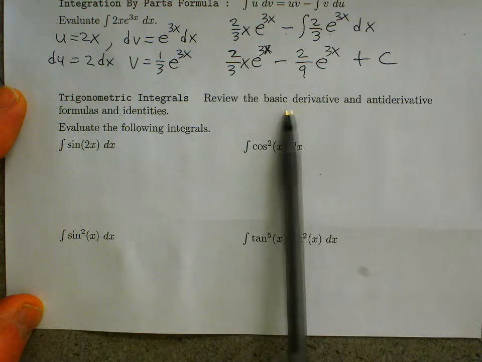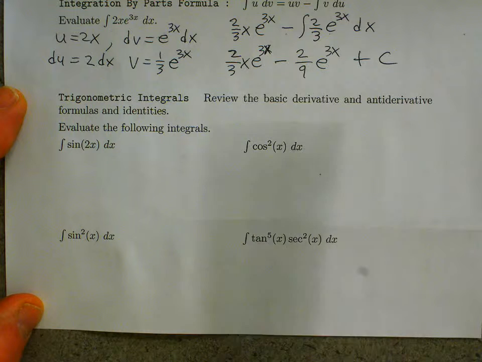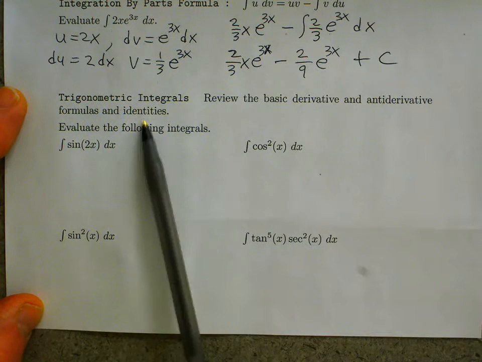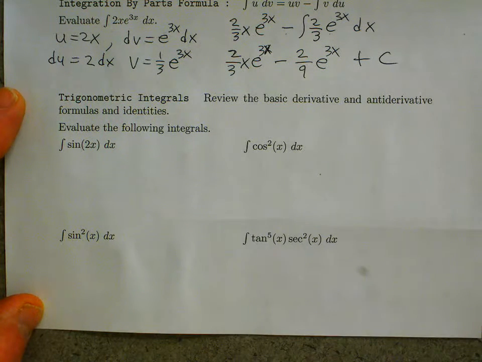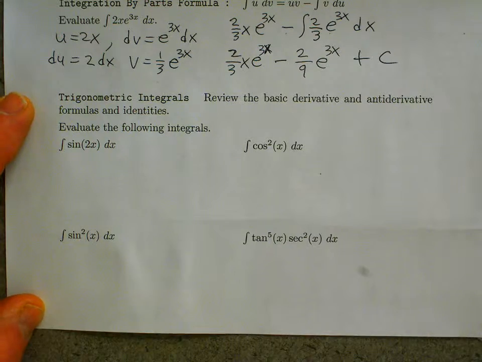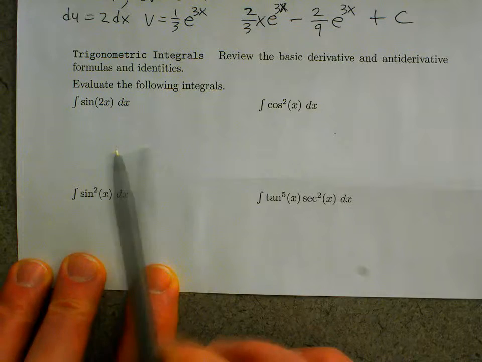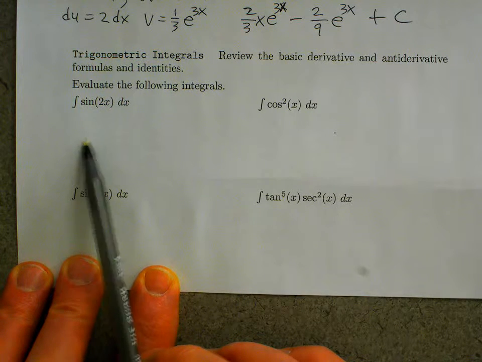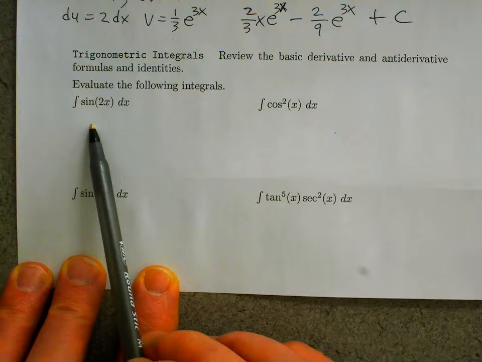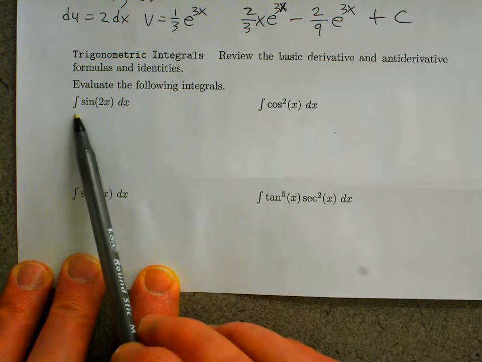Try to remember the basic derivative and antiderivative formulas for trigonometric functions and some of the basic identities. So here are just some examples that involve some useful identities.